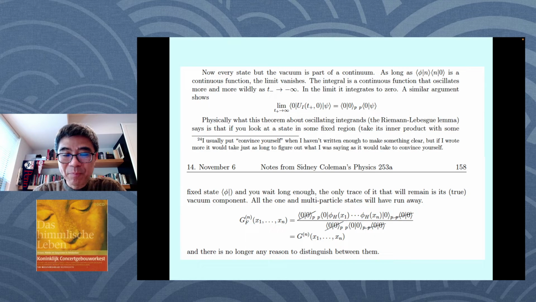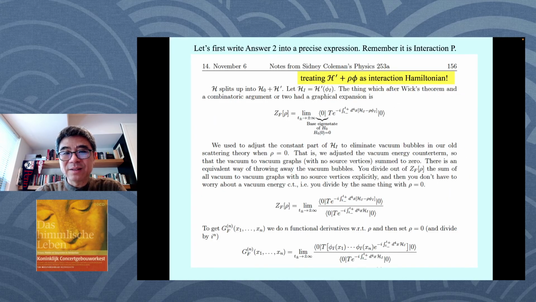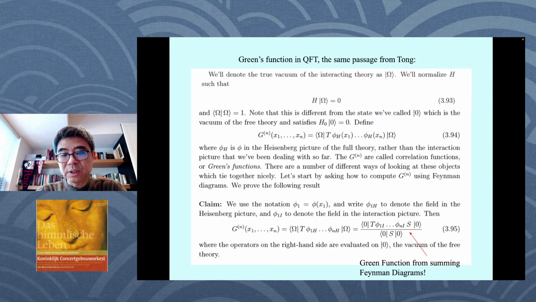Although some of the argument, it probably is a little bit awkward for me to do online. However, I hope you enjoy it when you read it in the PowerPoint or in the lecture notes. But the bottom line is very simple, that answer 2 and answer 3 are the same. Okay, here I also include in my PowerPoint exactly the same exposition from Tong's lecture notes.